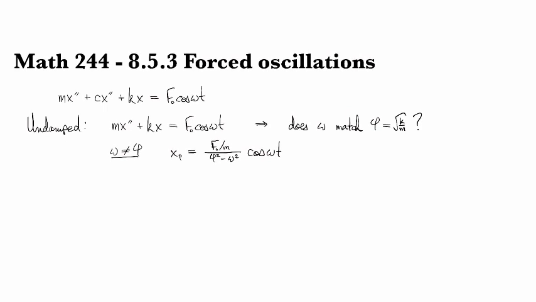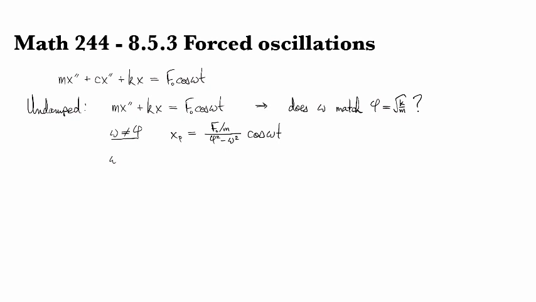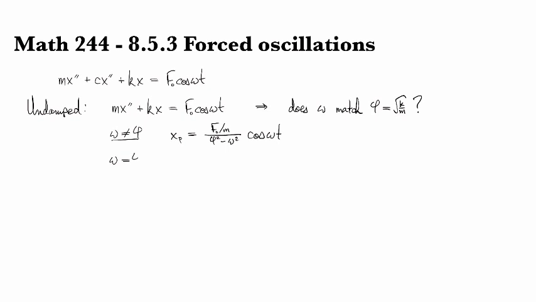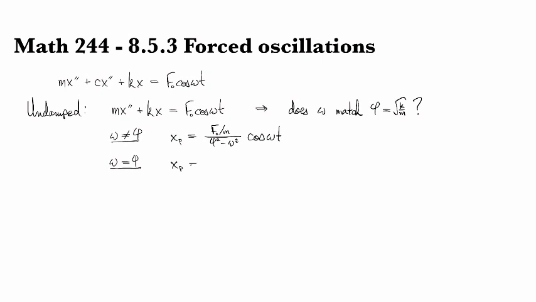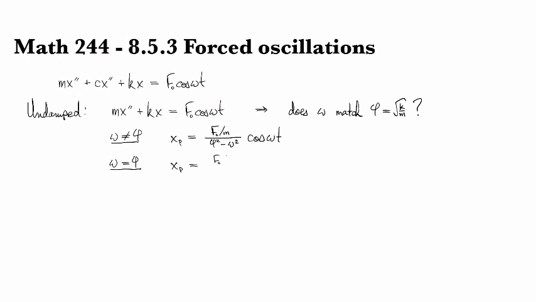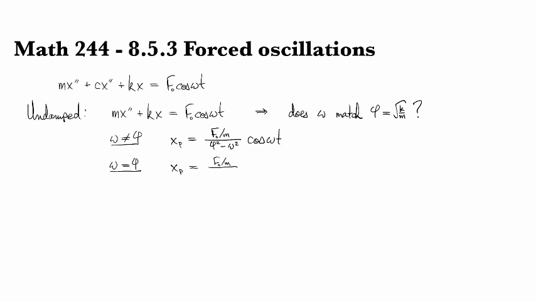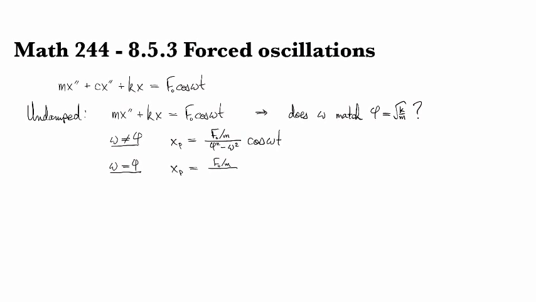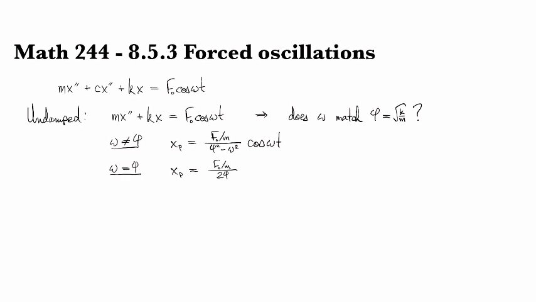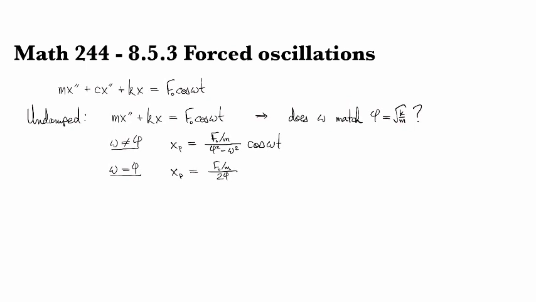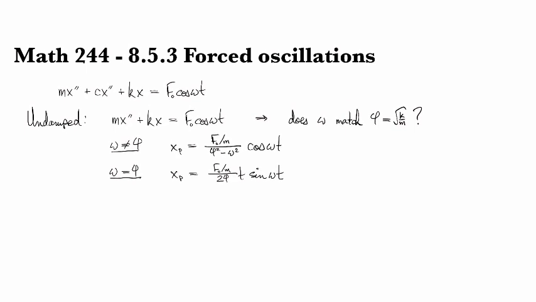Okay, and so if it turns out that they do match, so if you're forcing it at its intrinsic frequency, then your particular solution turns out to be f0 divided by m over, and then obviously we can't have the same denominator if omega is equal to phi because you'd get a 0 in the denominator. And it turns out to be 2 phi, but then you have t times sine omega t.